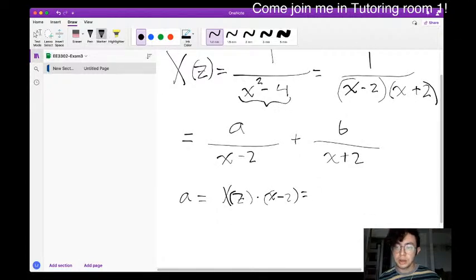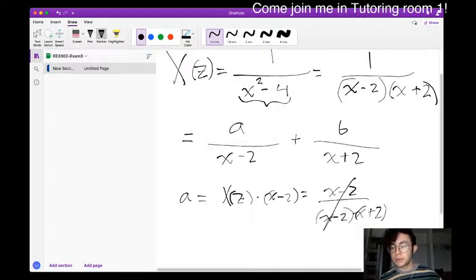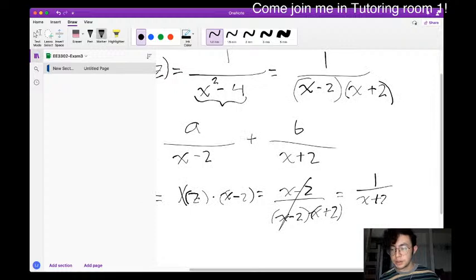So it's x minus 2 over x minus 2 times x plus 2. And so these will cancel, and we're left with 1 over x plus 2. And we evaluate this wherever our pole is located. So x is equal to 2.